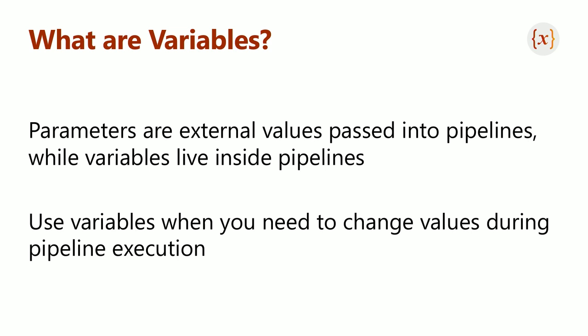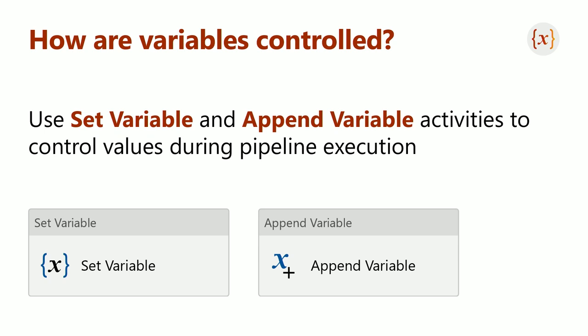So if you want to do something for each iteration of a loop, or if you want to grab some kind of value from somewhere else and update that based on some condition, you might want to work with variables instead of just parameters. Since variables live inside the pipeline scope, there are two activities that you can use inside of your pipeline to set and append those variables.